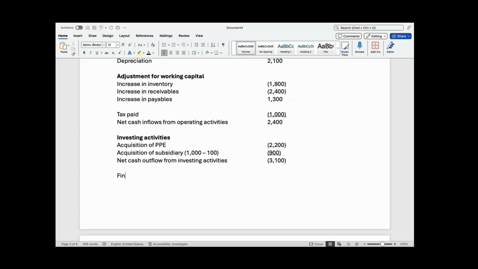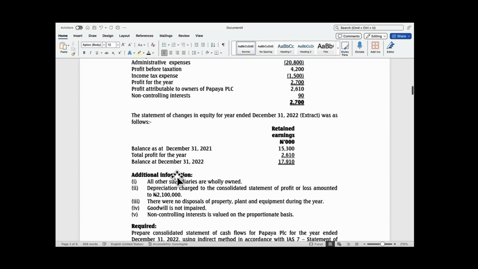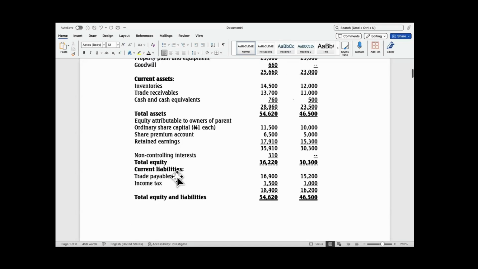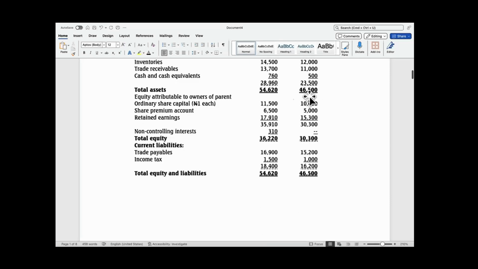Okay, so let's do our financing activities. For my financing activities, I go to the liability and equity section of my statement of financial position. For my equity, my share capital first is 10,000. It increased to 11,000.